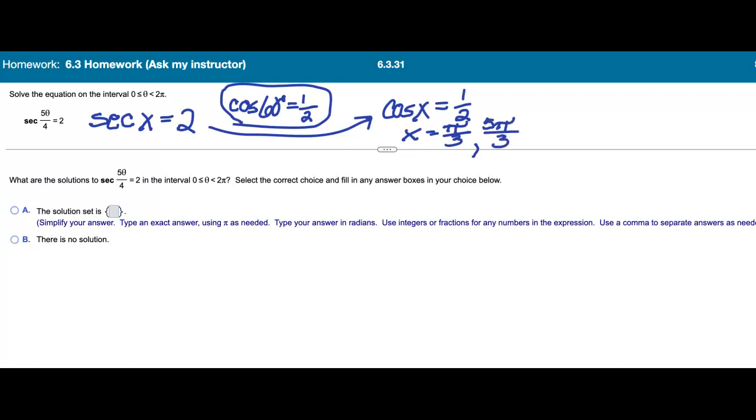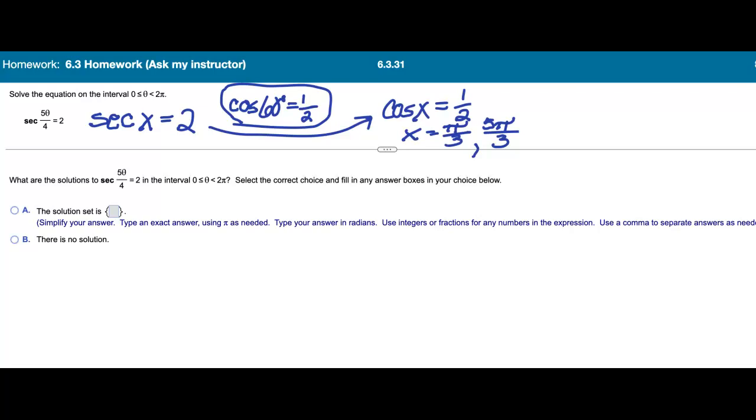So that's just looking at this very simplified looking problem here. Now, what we've got to deal with is the fact that our angle is not just x. Our angle is 5 theta over 4. So I'm going to replace this x here with 5 theta over 4, and then I have to consider that I could be looking at multiples of 2 pi. I could keep on revolving around this unit circle.